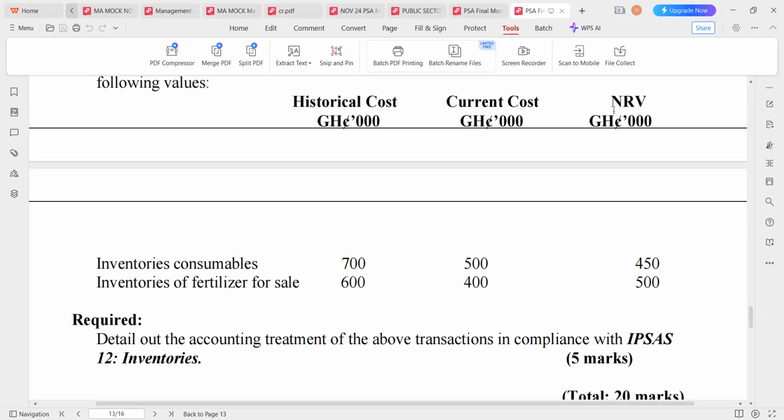Inventory consumable, the inventory of fertilizer. All right, so that is that. These two events, which one do you choose, the lower?